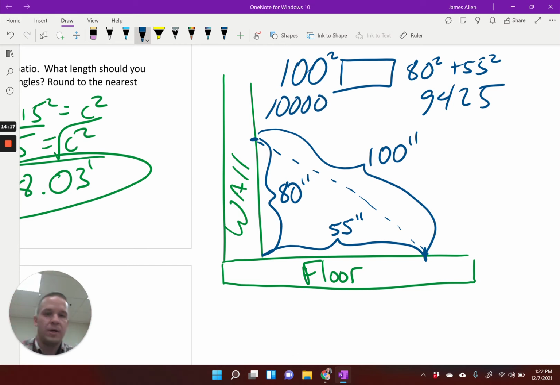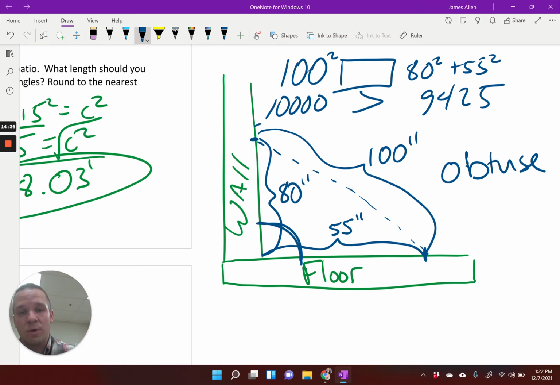So it's 100 times 100. Well, that is c squared is larger than a squared plus b squared. So this right here, that is an obtuse angle, which makes this imaginary triangle an obtuse triangle. It's greater than 90 degrees. So I'm going to have to take this wall and kind of bring it in this way. I'm going to pull it in a little bit to try and straighten it out if I were actually building this.